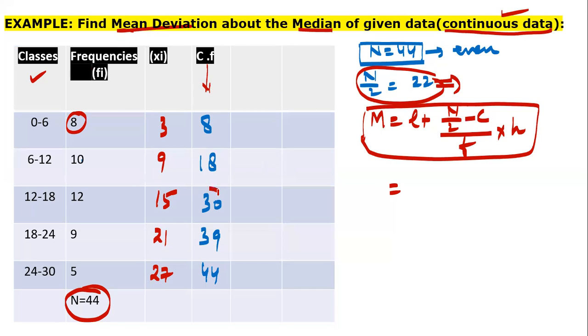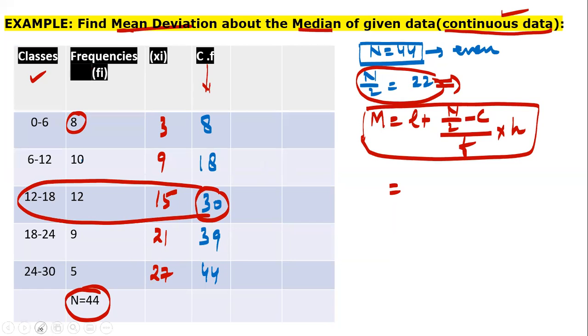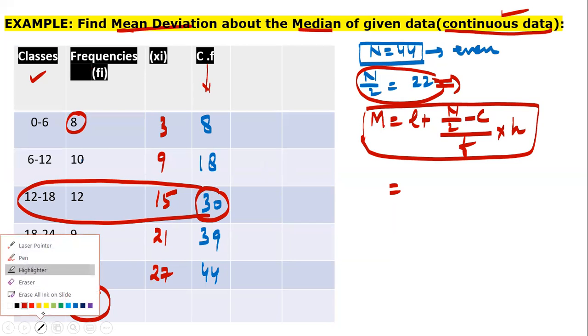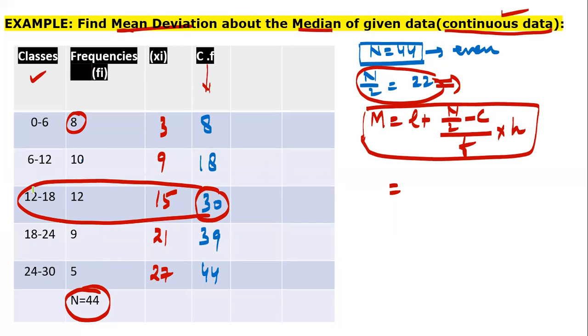According to this, 22 will lie over here, and this is your median class. From here we will find out the value of L. L is 12 over here.